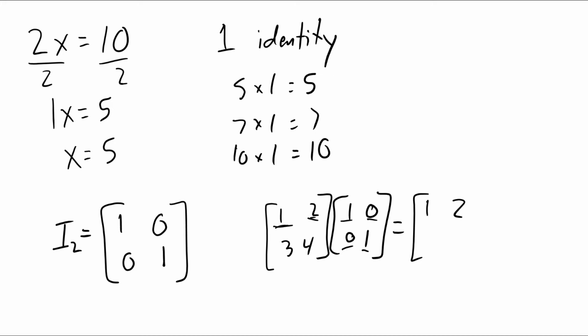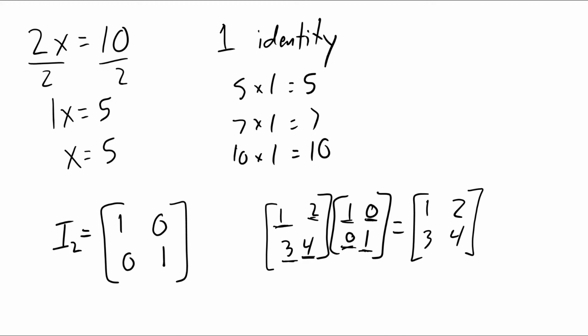We then multiply the second row times the first column, 3 times 1 plus 4 times 0, so that's 3. And then finally, the second row times the second column, 3 times 0 plus 4 times 1, that's 4. And so we get the exact same matrix when we multiply, just like when we multiply a real number times the number 1.